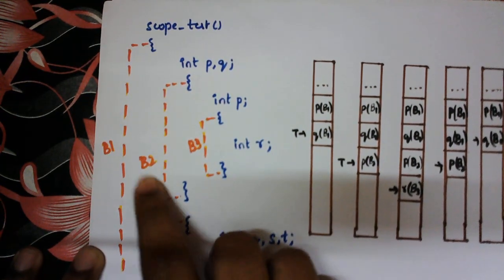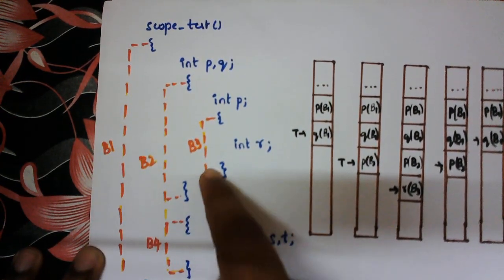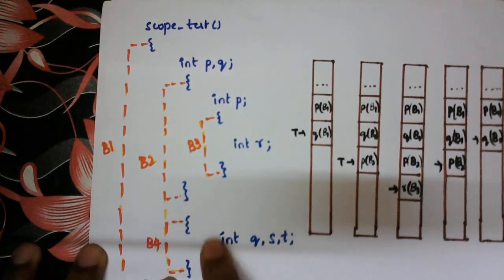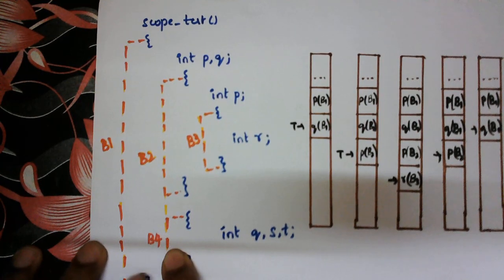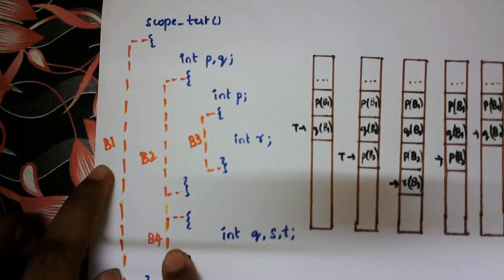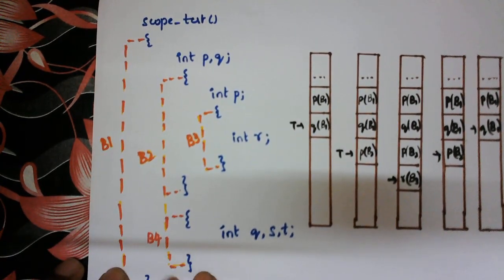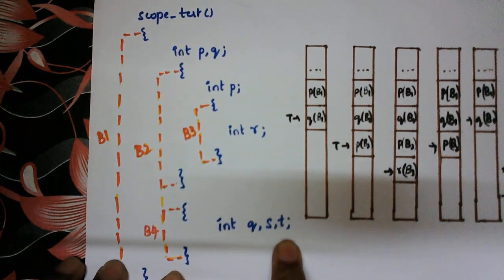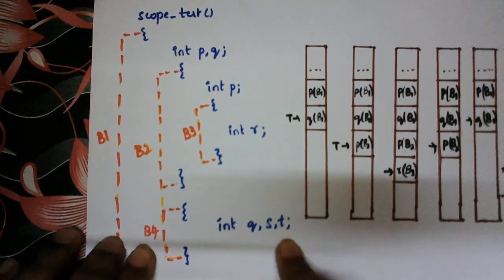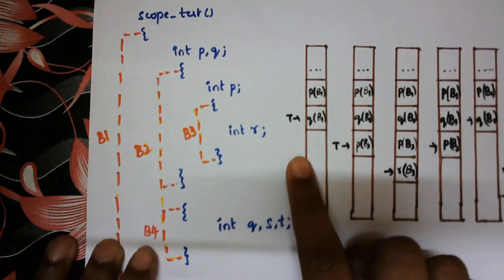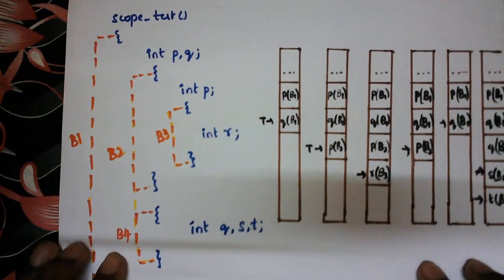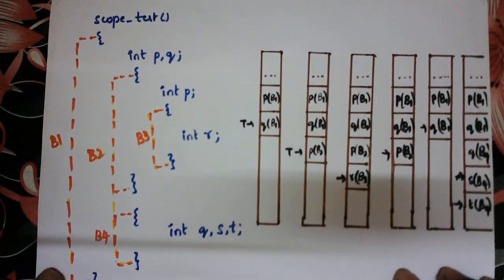B2 is a nested procedure of B1, B3 is a nested procedure of B2 and B1, and B2 and B4 are independent procedures, whereas B4 is a nested procedure of B1. In B4 we have declared Q, S, T. So Q, S, T are the local variables of B4, whereas all the others are non-local variables for B4.